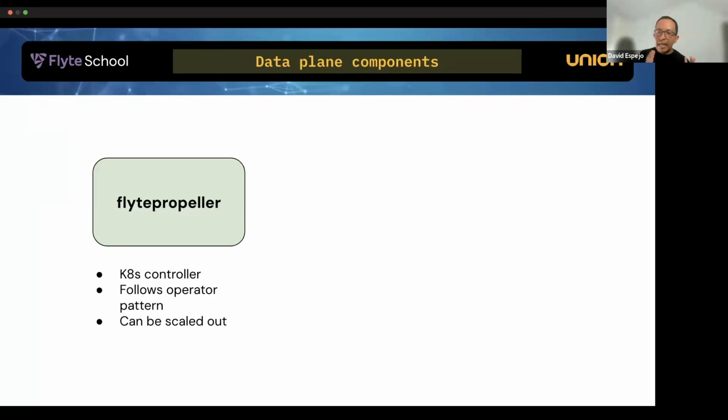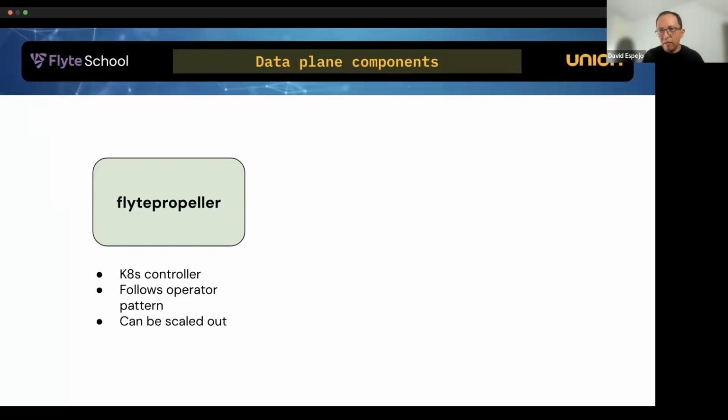And finally, in the data plane, it's the Flyte propeller component. This is basically a Kubernetes controller that follows the operator pattern. Again, this is not a Kubernetes session and you don't need to understand this, but basically the operator pattern is a control loop. Again, I'm using a term from electrical engineering, but basically a thermostat, right?